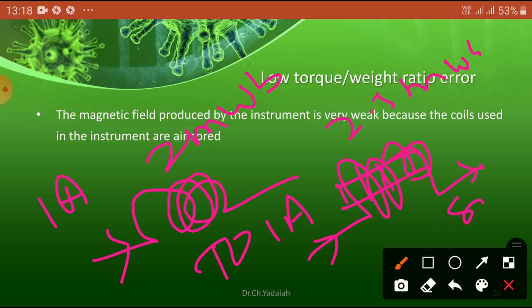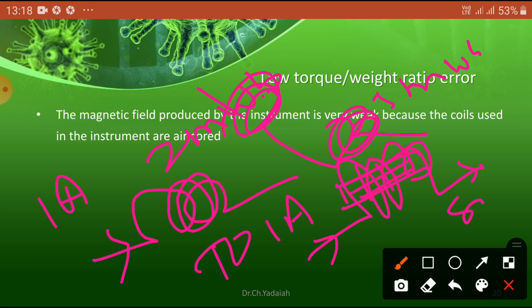That means the iron core is a magnetic material, whereas here the air is the medium. In the previous figure, we used an air core, one fixed coil and another moving coil, both air cored.